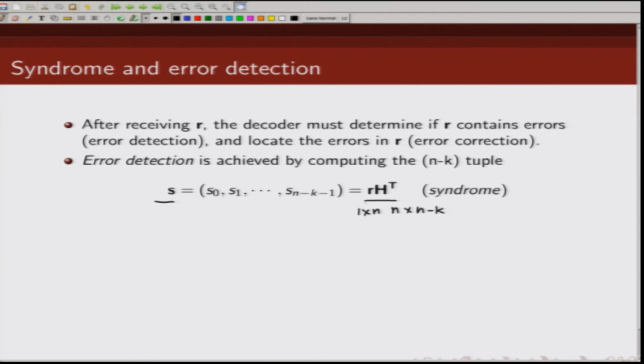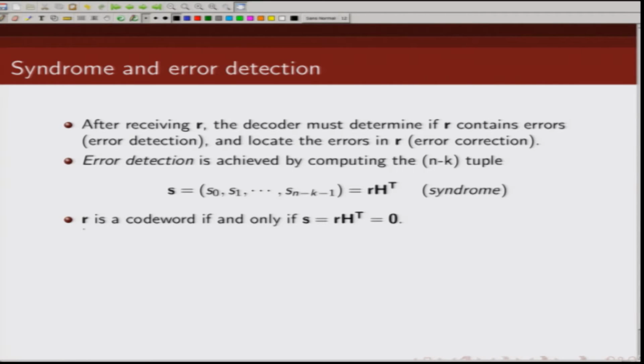This term R H transpose is known as the syndrome, and when this is non-zero, that indicates there is an error. R is a code word if and only if the syndrome is 0.